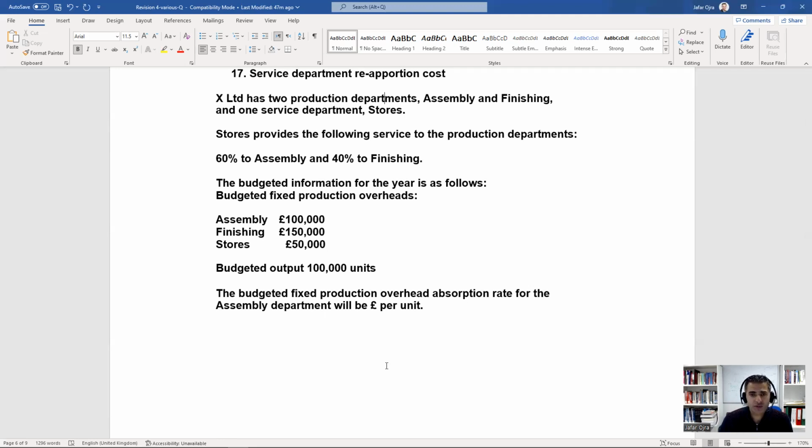The budgeted information for the year is as follows. We have budgeted production overhead: assembly 100,000, finishing 150,000, and stores 50,000. The budgeted output is 100,000 units. So what is the budgeted fixed production overhead absorption rate, the OAR, for the assembly department?